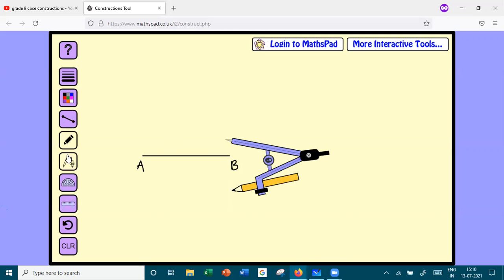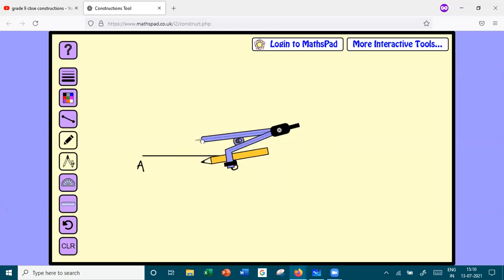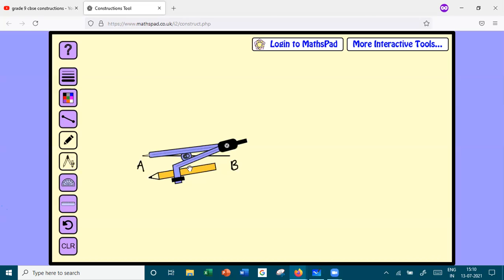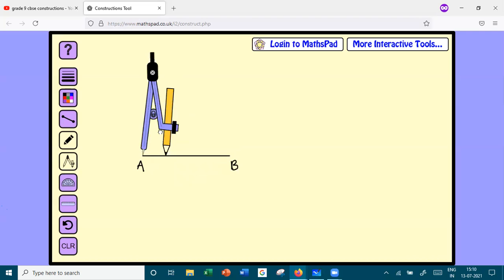Now you take your compass and take any suitable length, any suitable radius, any random value. Place it on A, right? This is how you place it on A. And now just draw an arc.